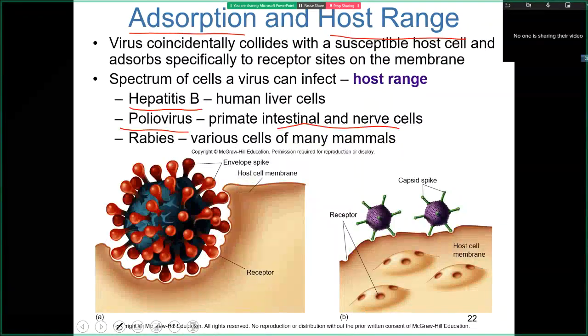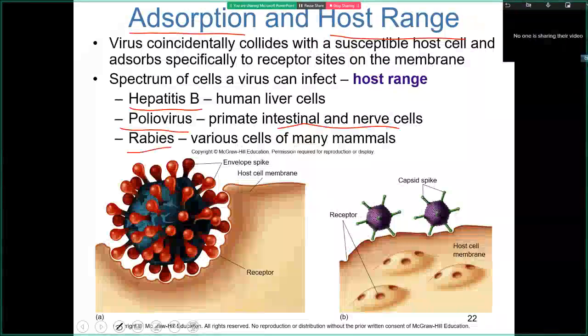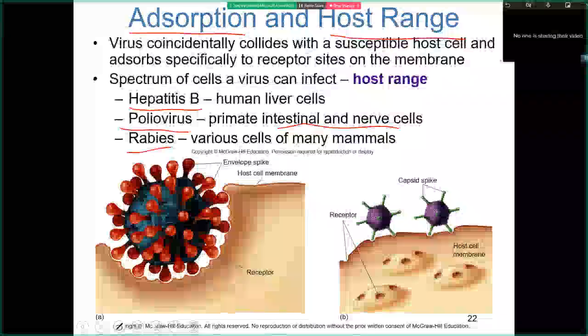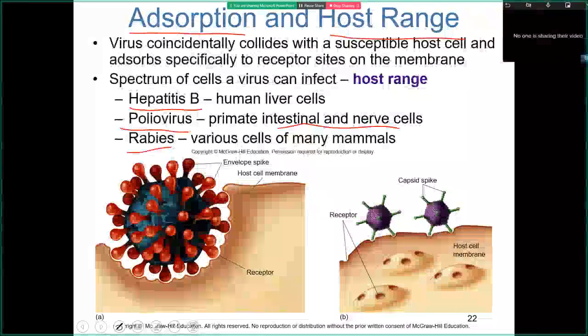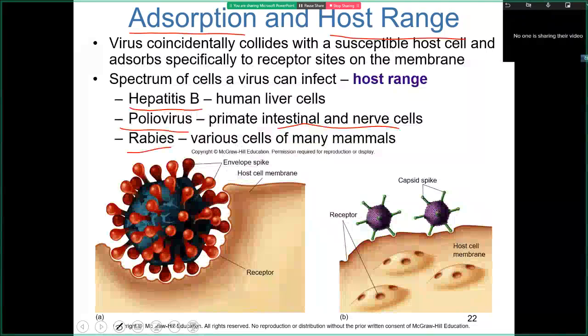And then we have forms like the rabies viruses, the rhabdoviruses, that can infect many mammals. So we know that all the carnivores, the skunks and the raccoons and dogs and even bats can carry rabies viruses.